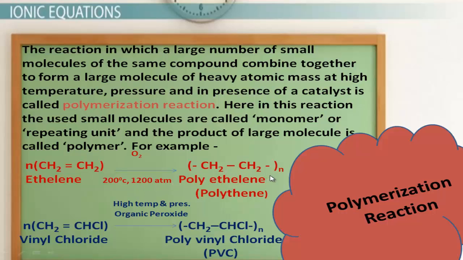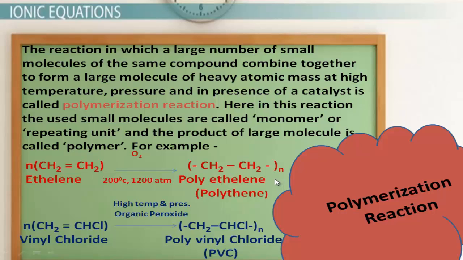they form what? They form a large molecule of heavy atomic mass. That means a large number of small molecules just combine together like a chain and form what? A big molecule of heavy atomic mass.